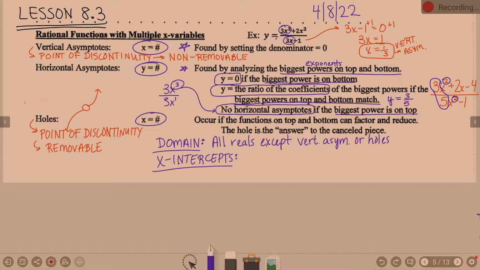Which, in equations like this, putting 0 in for y basically means we need the fraction equal to 0, which means we need the numerator equal to 0. So in order to find x-intercepts, we're going to set the numerator equal to 0.